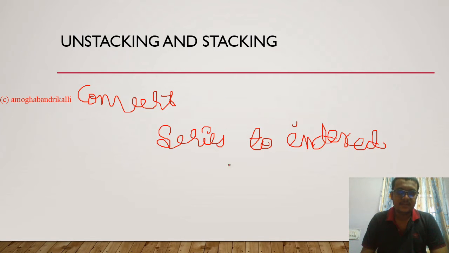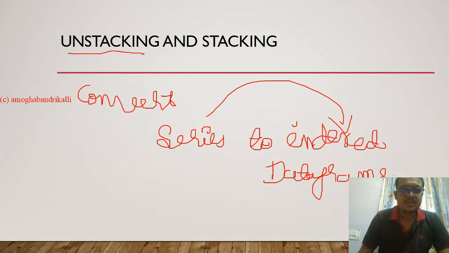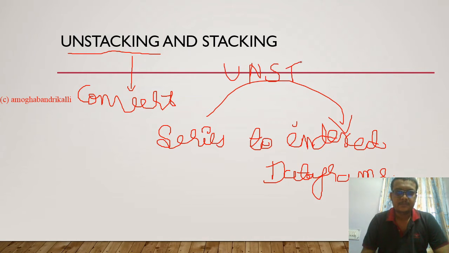Indexed data frames means that for every value or every series, some number will be provided. So series to indexed data frames is the working of unstacking. Stacking is the opposite: from data frame to series is called stacking.